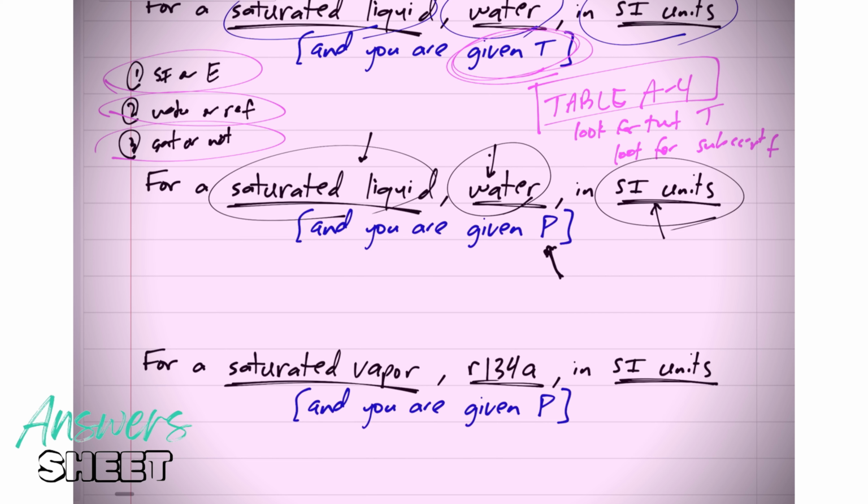I'm given pressure. I need to go to the pressure table, table A5. And I would take that pressure and look for the subscript F for saturated liquid. We'll do a lot of these problems, but this is our process. First, SI or English units, then water or refrigerant, then saturated or not, and then pressure or temperature.